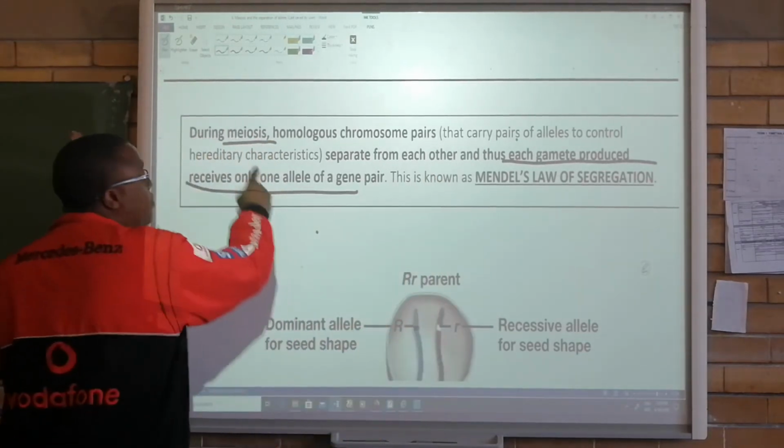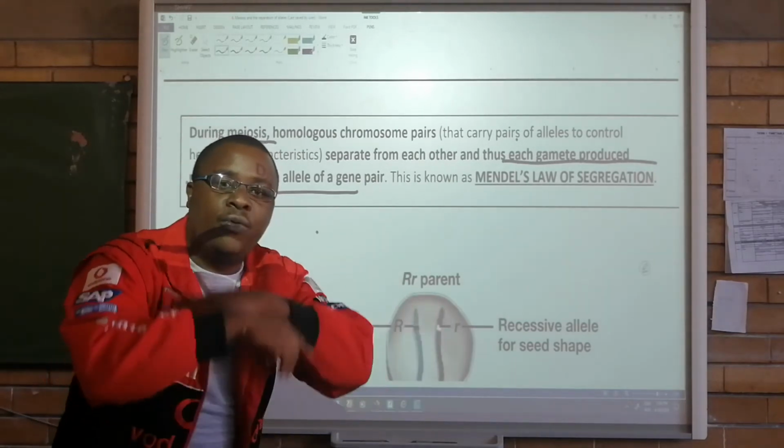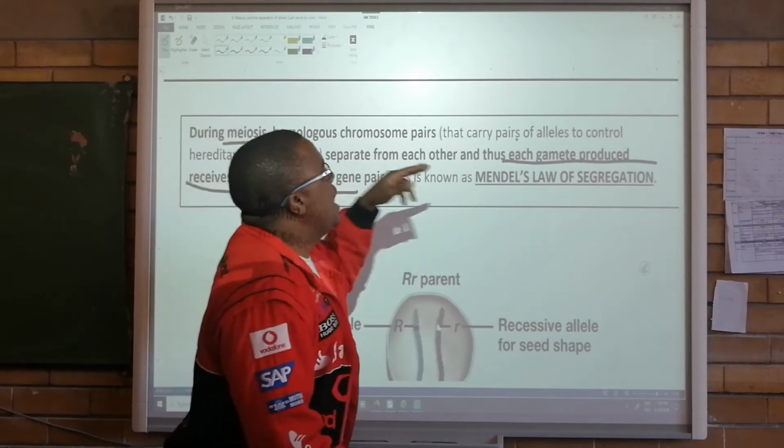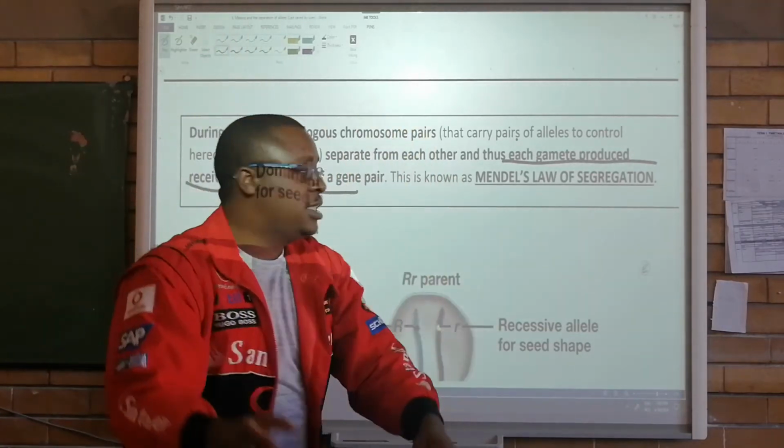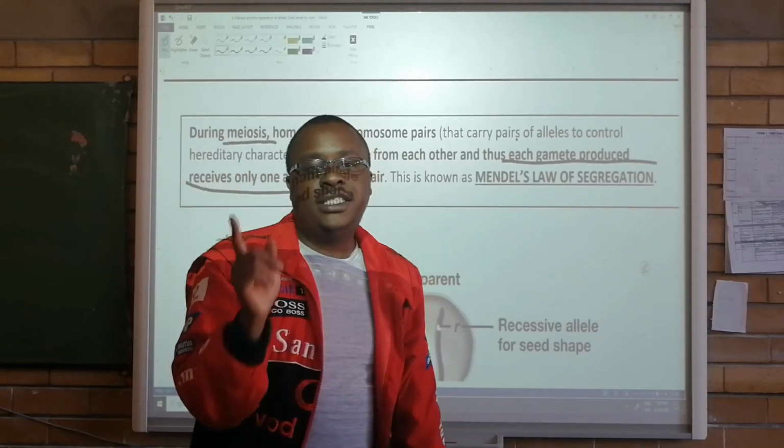During meiosis these homologous chromosome pairs are going to separate, and thus each gamete that is produced will only receive one allele of that gene pair.